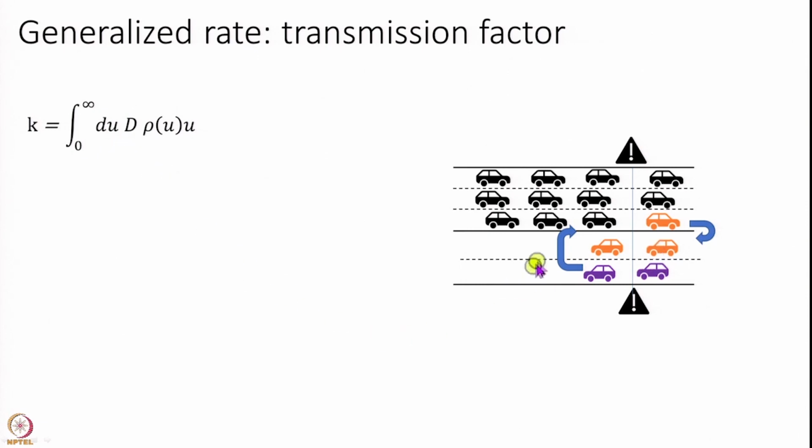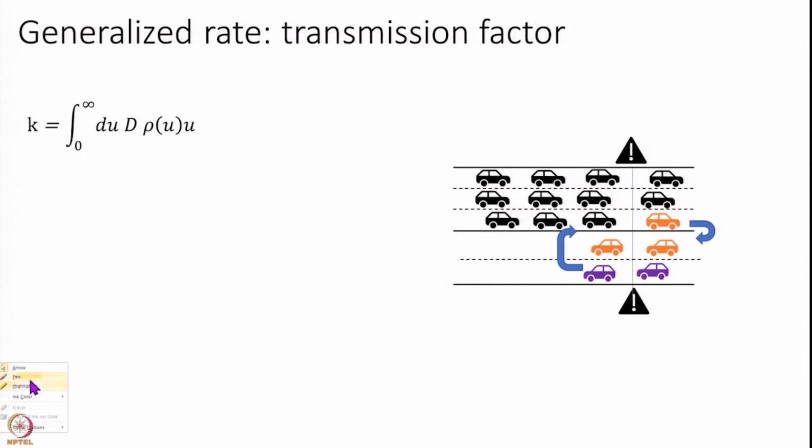Imagine there are some cars and some car moves forward, but suddenly realizes they have missed something and they turn around and come back. That can happen. So, this car is actually not contributing towards the rate. This car goes up and comes back. So, this formula has a problem then. Or in other ways, you can also imagine there is a car coming like this, and it might have turned around this way and moved forward. So, cars can do funny business, and so can our molecules.